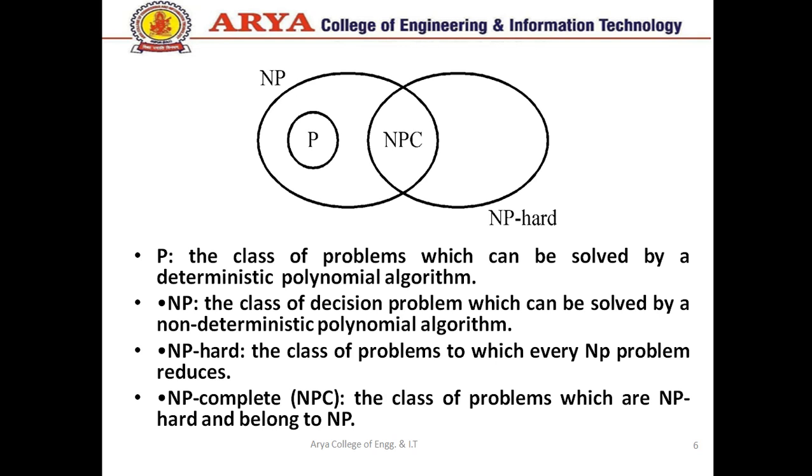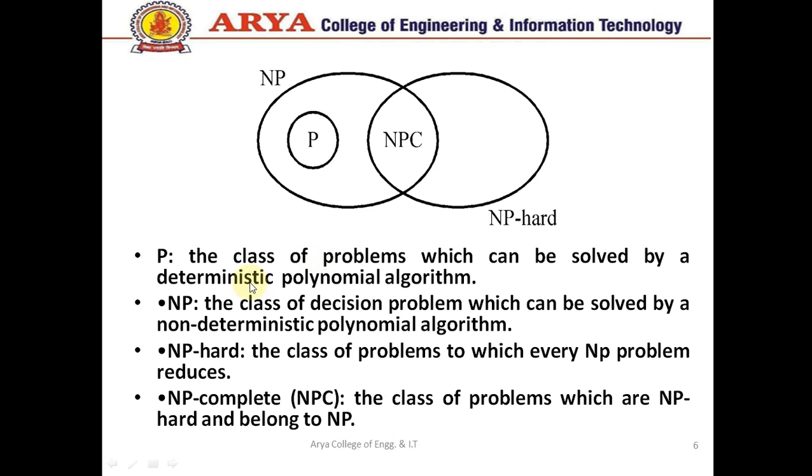In the P problem, the class of problems which can be solved by a deterministic polynomial algorithm, whereas in NP, the class of decision problems which can be solved by a non-deterministic polynomial algorithm. But in NP hard, the class of problems to which every NP problem can be reduced. Whereas the NP complete problem is the class of problems which is NP hard and belongs to NP, that is known as NP complete.